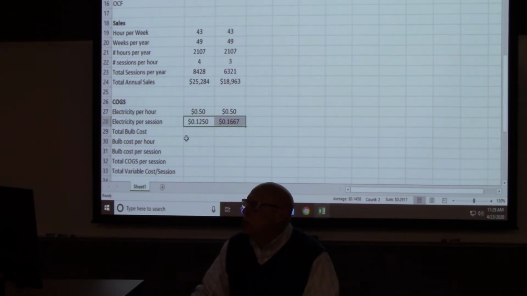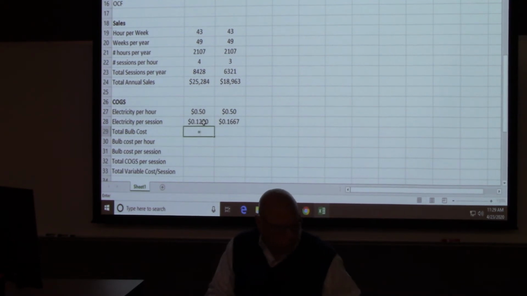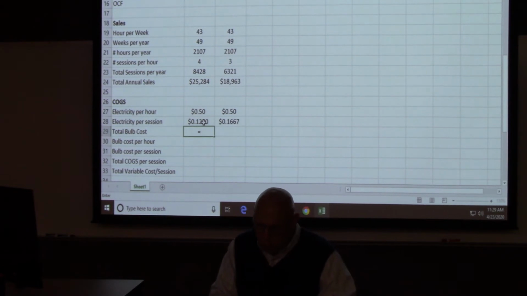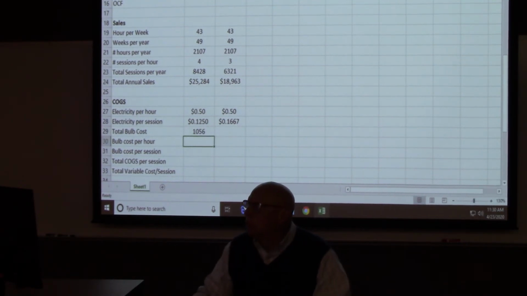Now, total bulb costs is equal to the number of bulbs needed, 48, times the cost per bulb, 22. Let's format these two things this way, okay?